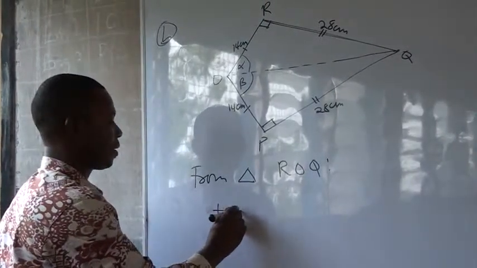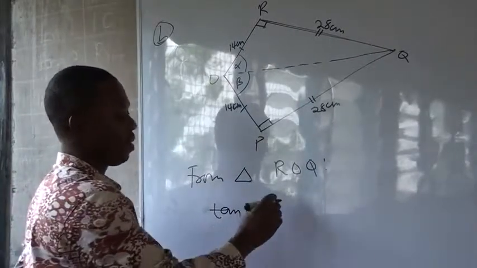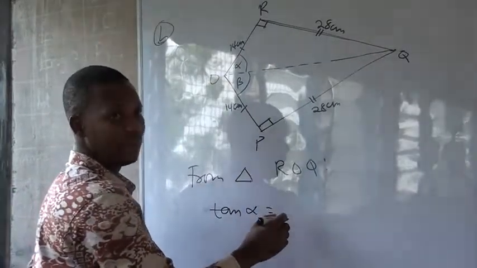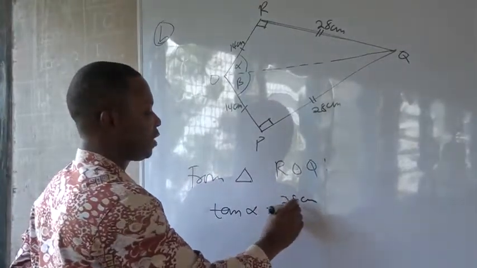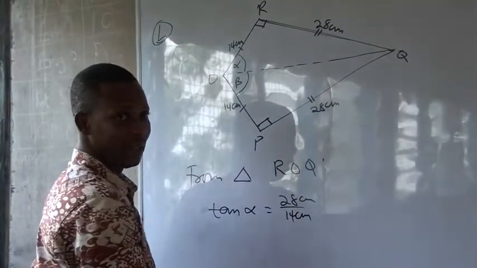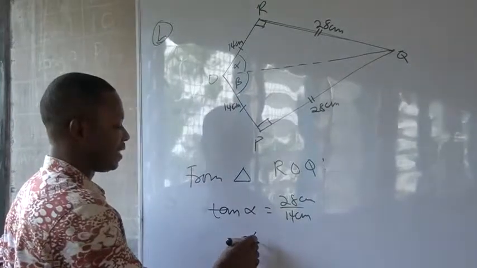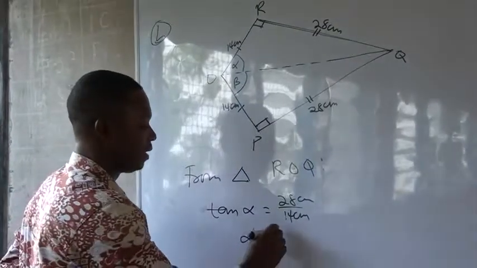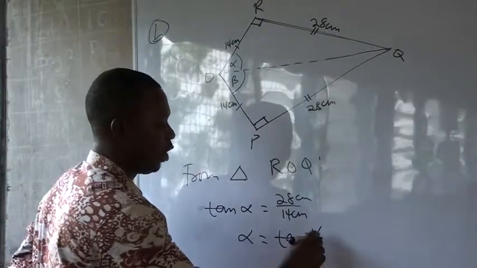So we can say tan alpha is equal to 28 centimeters over 14 centimeters. Right? Yes, sir. Fine. And alpha is equal to tan inverse of 2.